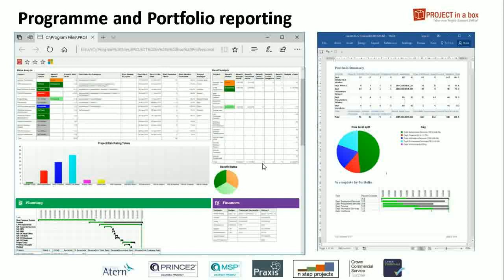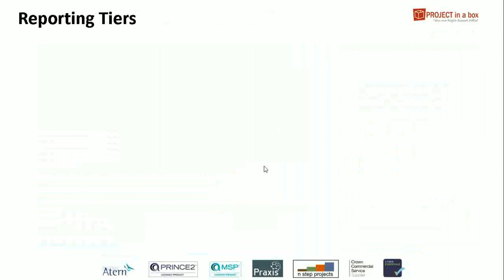And of course you can run those multi-portfolio reports against any portfolios. So you can run a departmental multi-portfolio report, but also a program multi-portfolio report, which will roll up your programs across the organisation. So the structures that you apply control how that works. So let's have a look at the tiers of reporting in a little bit more detail.